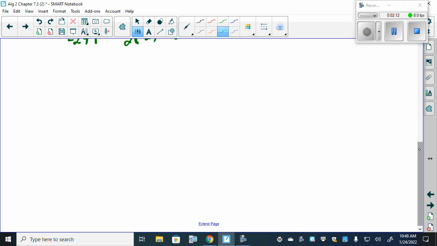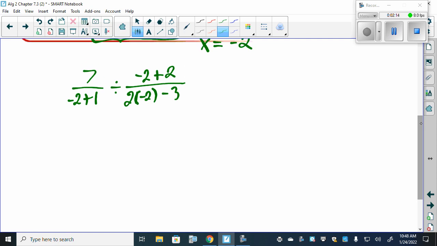Spin the page. Well, in the denominator of the first rational expression, -2 plus 1 is -1. In the second one, 2 times -2 is -4, minus 3 would give us -7. Neither one of the denominators there are 0, correct? In the numerator of the second, -2 plus 2 is 0, yes?